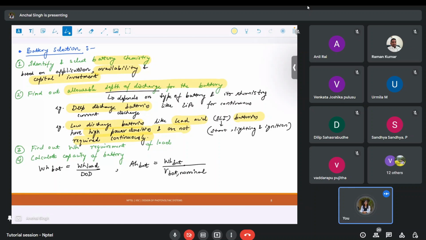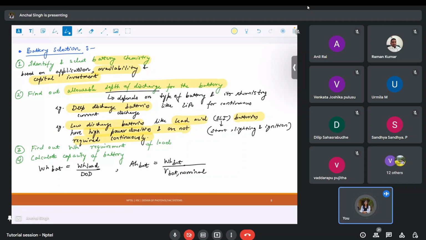So depending on what kind of application and what kind of load profile you are targeting. Are you thinking of getting continuous current from the battery or interrupted current at some interval of time? Depending on that, that will also impact the decision for what kind of battery you are going to use. And that will fix the allowable depth of discharge for your battery.